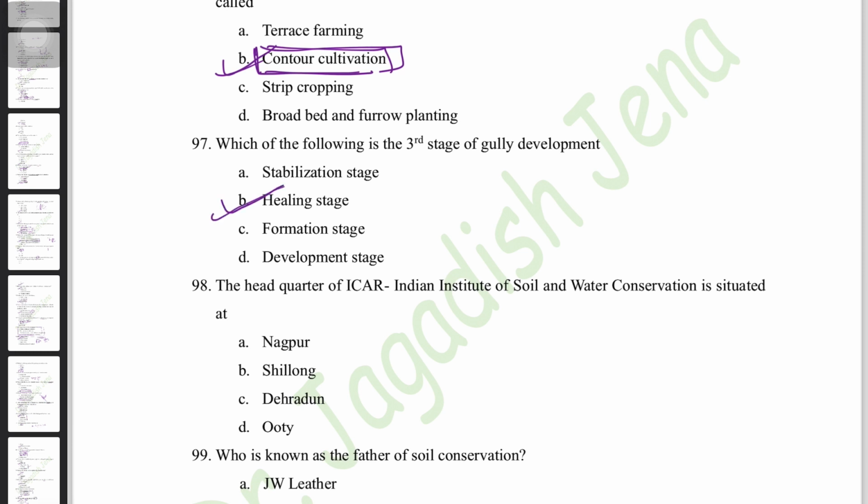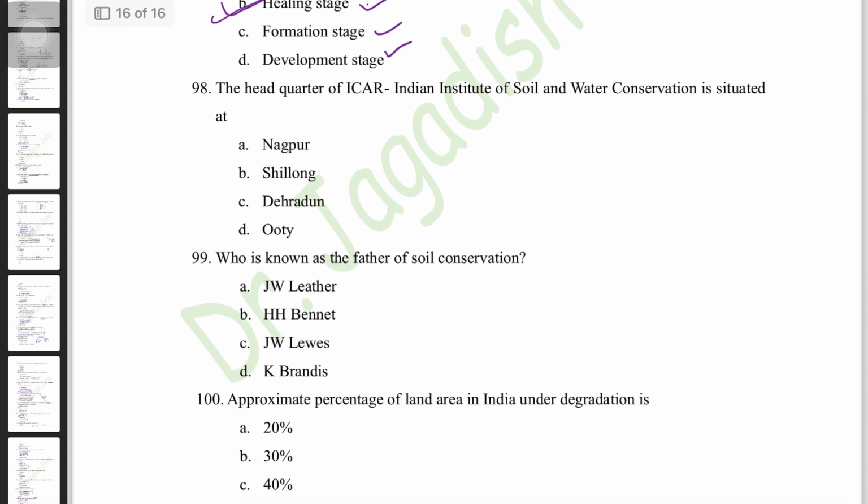That is healing stage. Okay. So this is like formation stage, then development stage, then healing stage, then stabilization stage. So first there will be formation, then development, then there will be healing, then there will be stabilization. These are the stages of gully development.